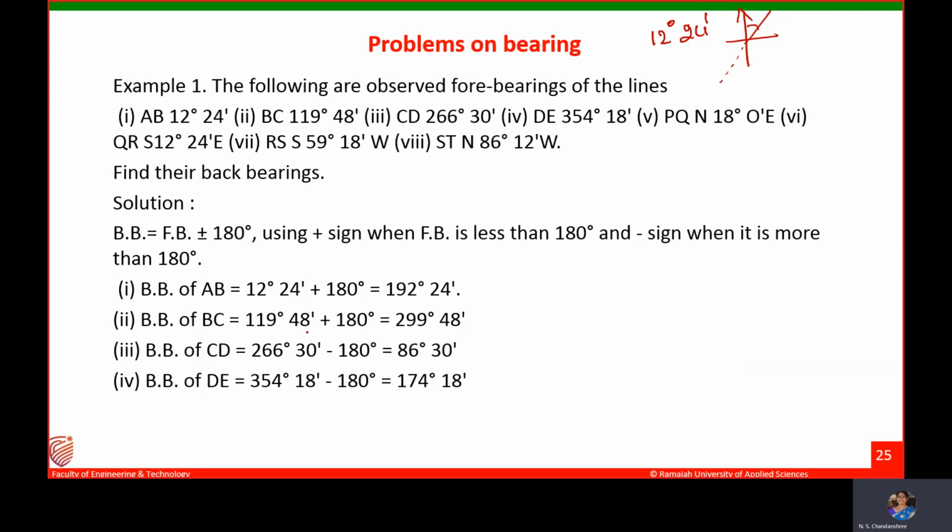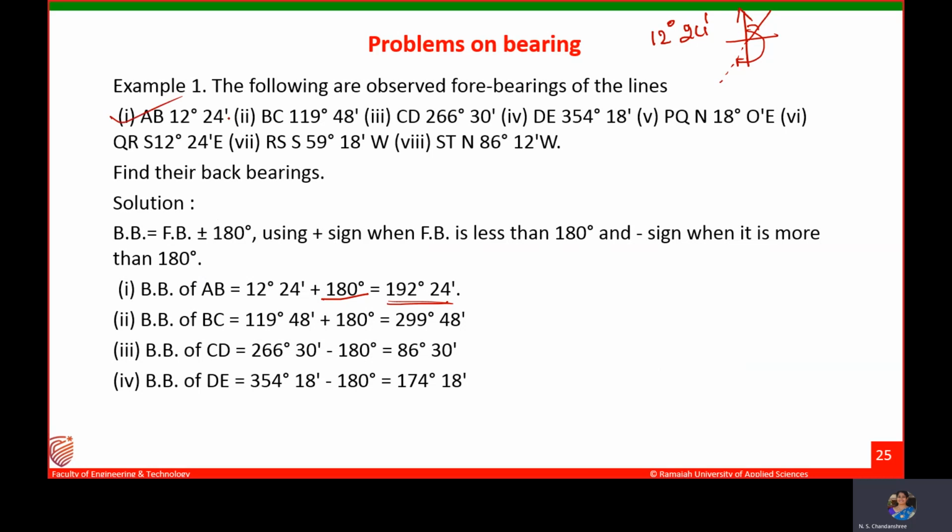So the back bearing of line AB can be found by adding 180 degrees to 12 degrees 24 minutes. So we get the answer as 192 degrees 24 minutes.